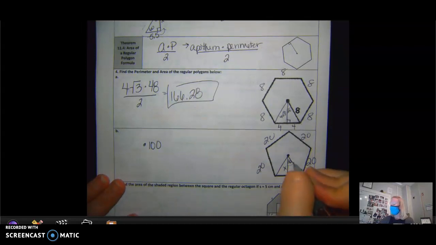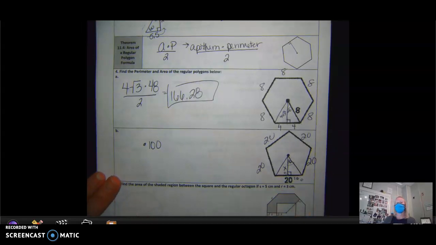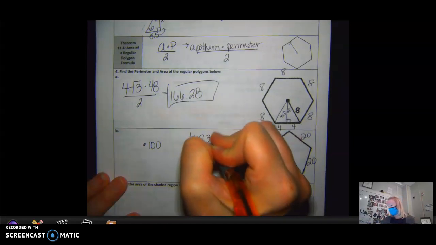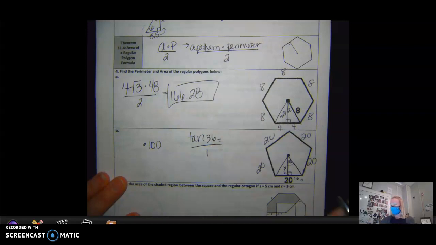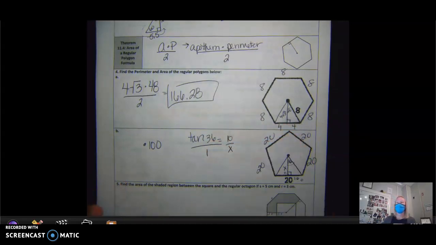So if I know that this angle is 36, this side length is what? And this side length is what compared to that angle? What 2 letters? Opposite and adjacent. So which trig function am I going to use here? So I'm going to do tangent of 36 over 1 equals opposite, which is 10, over adjacent, which is x, correct? Any questions?